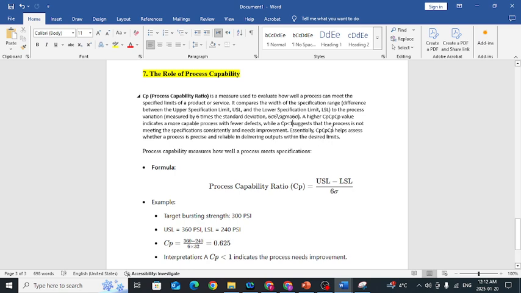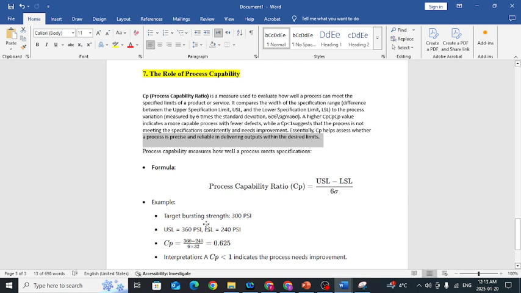Essentially, process capability helps assess whether a process is precise and reliable in delivering outputs within the desired limits. Process capability measures how well a process meets specifications. As I told you, the formula is USL minus LSL divided by 6 standard deviations.